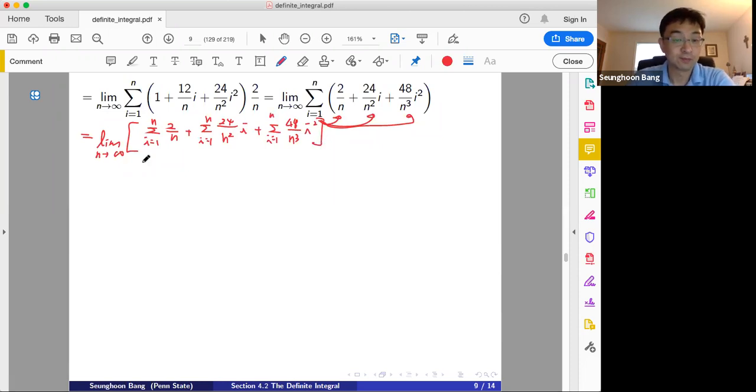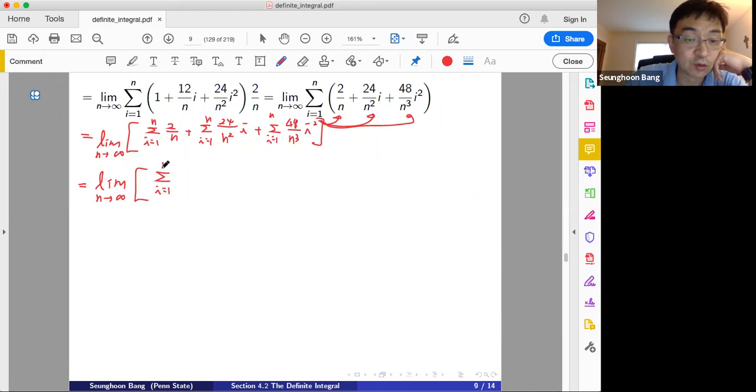So we have it. It's like a limit as n approaches positive infinity. You have to keep the first one, summation i equal to 1 to n, 2 over n.